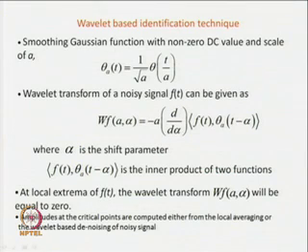Next, we shall go to some other technique that is known as wavelet based identification technique. So, why we are not happy with this technique, or what are the limitations of this technique?